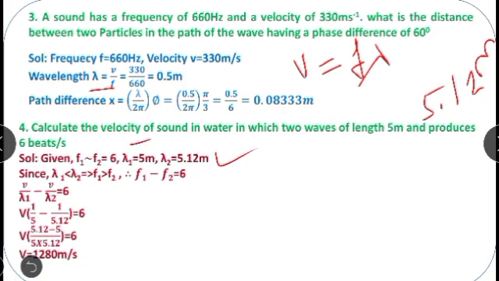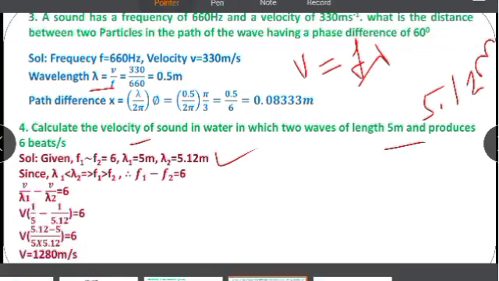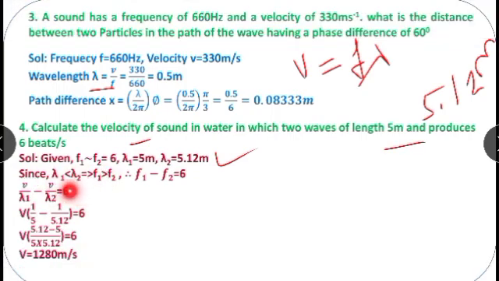And now from this we come to know lambda 1 is less than lambda 2, which implies f1 is greater than f2. So f1 is greater than f2. Here 6 means 6 beats per second, the frequency difference given here. So therefore f1 minus f2 is equal to 6.